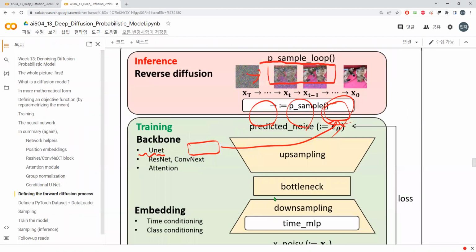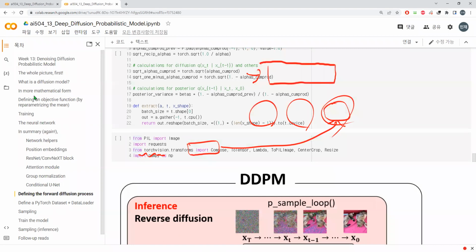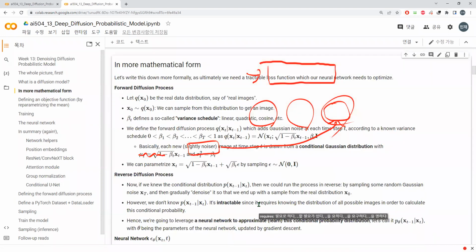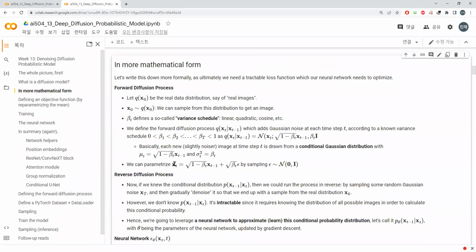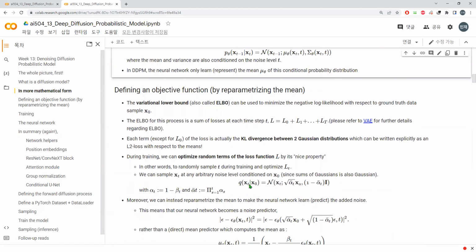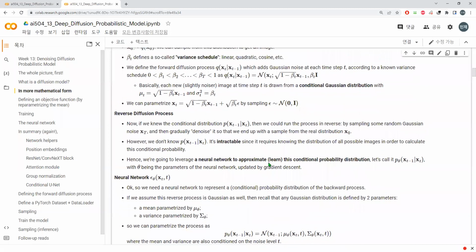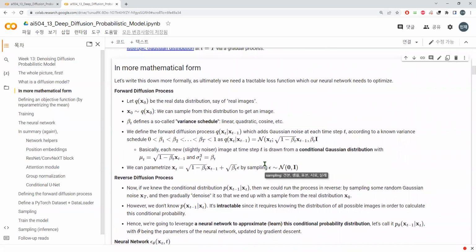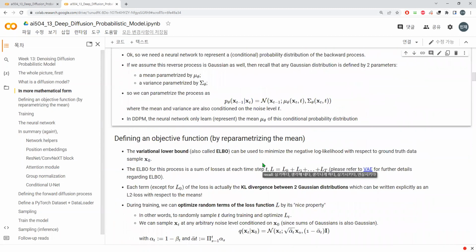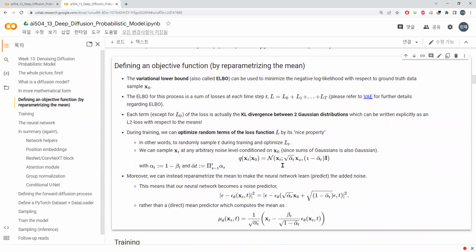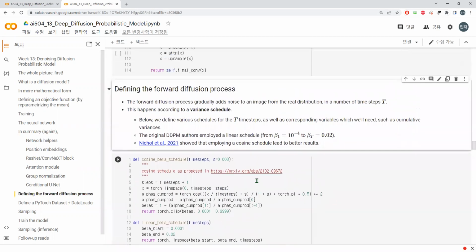And maybe you will need, very simplified, by using the so-called nice property, we can simply parameterize that forward diffusion process.